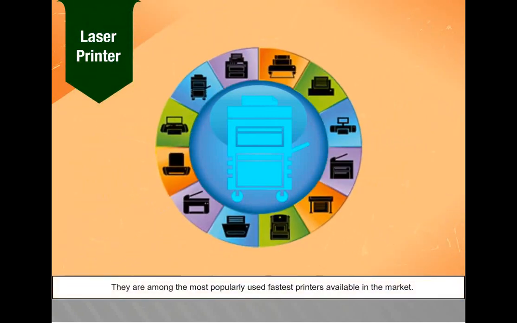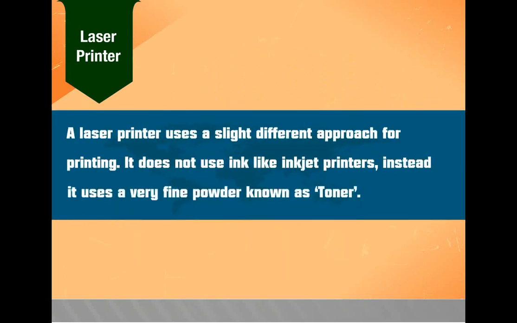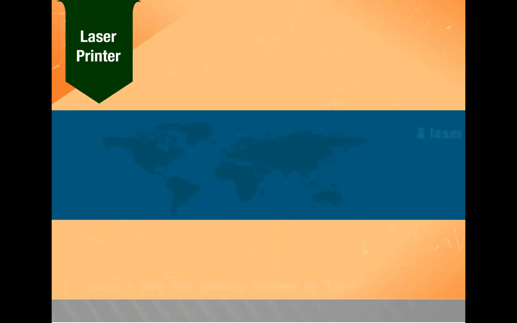They are among the most popularly used fastest printers available in the market. A laser printer uses a slightly different approach for printing. It does not use ink like inkjet printers. Instead, it uses a very fine powder known as toner.